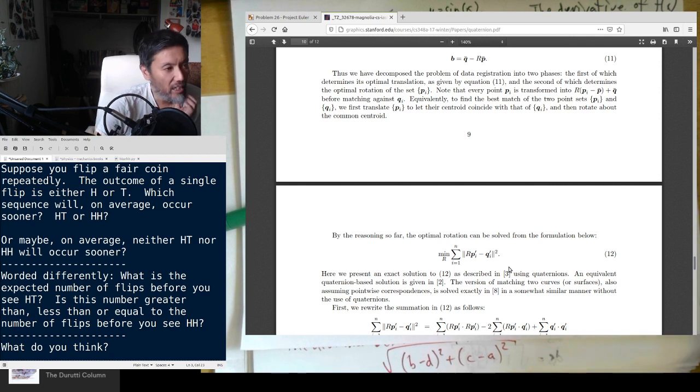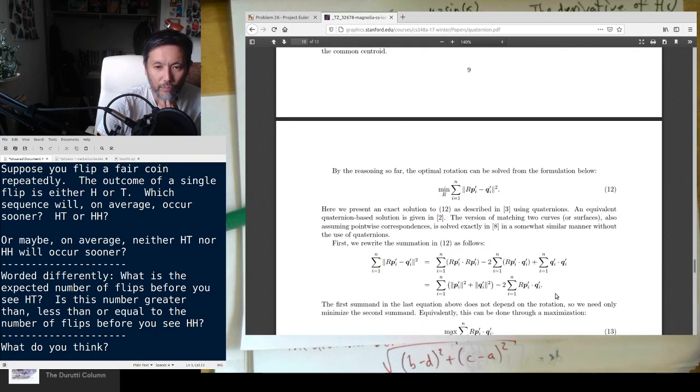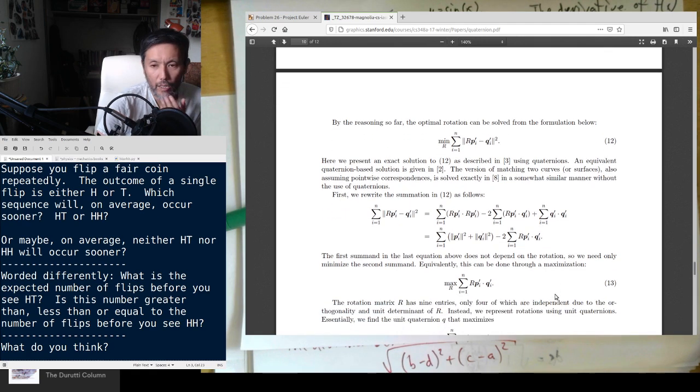And they say we're going to get an exact solution to this equation using quaternions. Good, I'm glad.